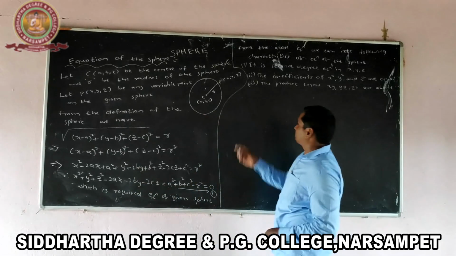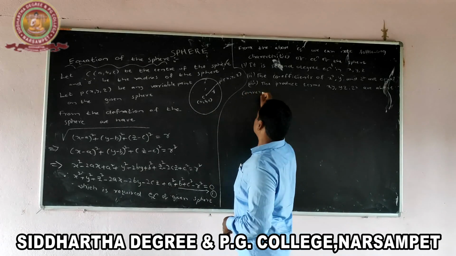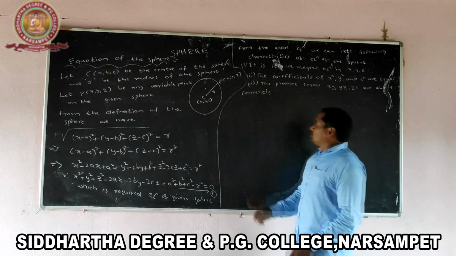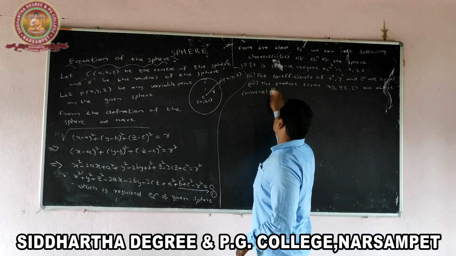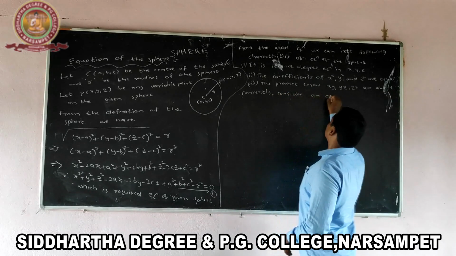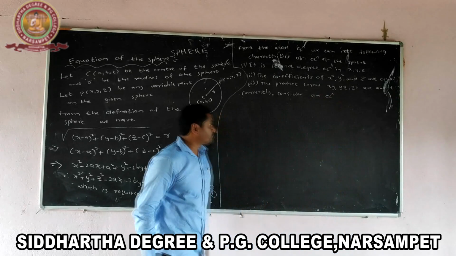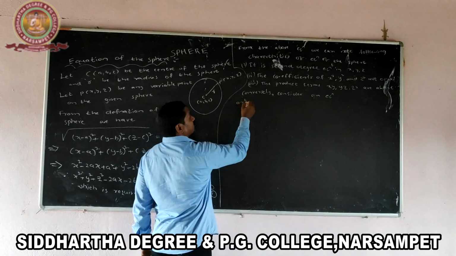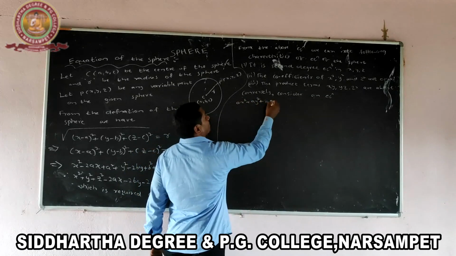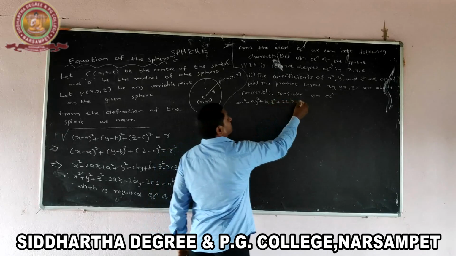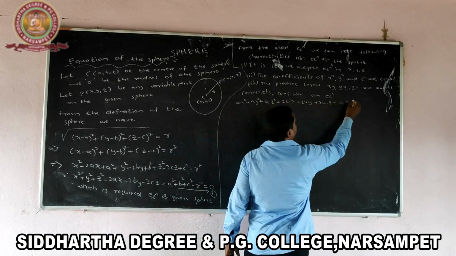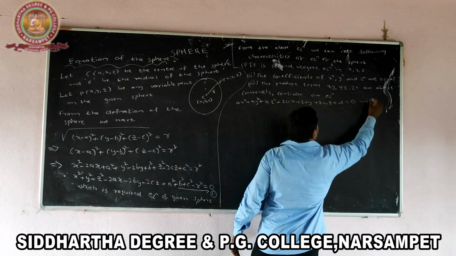Suppose conversely, consider an equation ax square plus ay square plus az square plus 2ux plus 2vy plus 2wz plus d equal to 0, right?